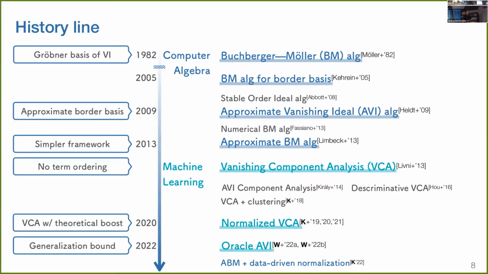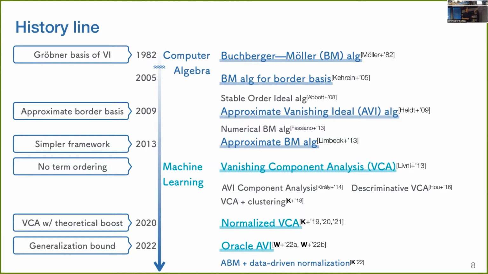Originally the topic started in computer algebra. I think the first method is the Buchberger-Möller algorithm, 1982, which calculates a Gröbner basis of the vanishing ideal. After that, a variant of the Buchberger-Möller algorithm was designed for calculating a border basis, which is known to be more numerically stable than a Gröbner basis.